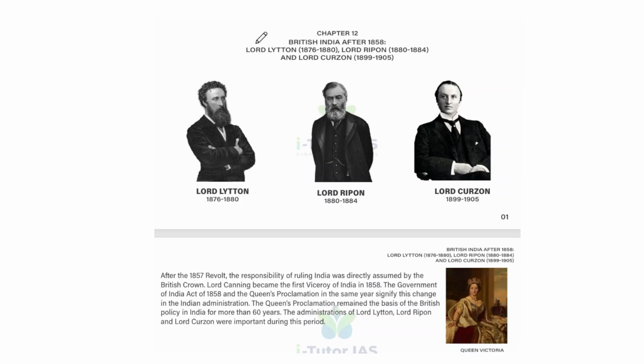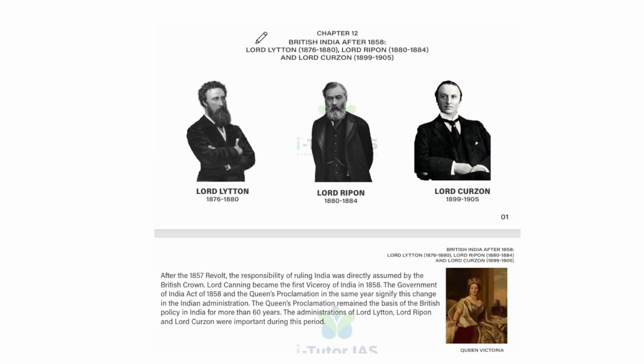Next is the Montagu-Chelmsford reform of 1919. It introduced diarchy, that is dual government at the provincial level, and expanded Indian representation. Also the Government of India Act 1935, the most extensive reform. It provided for provincial autonomy and proposed an all India federation, though the federation never fully materialized.